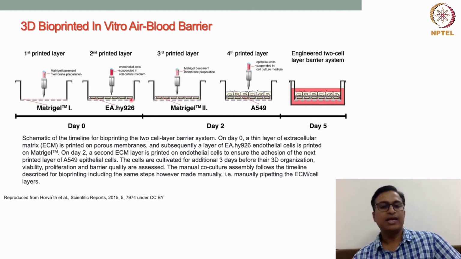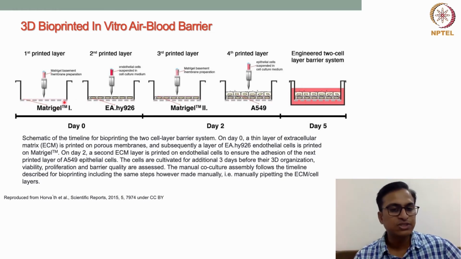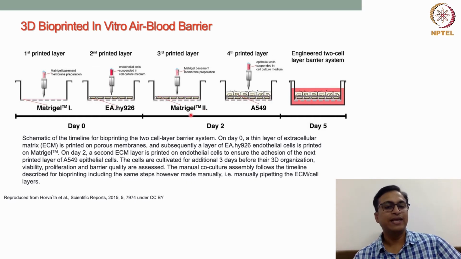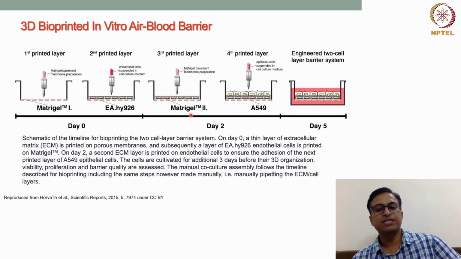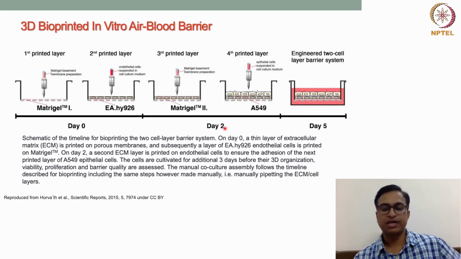Then they waited 2 days for the endothelial cells to grow and form a monolayer, and then they printed another layer of material, and on top of that the epithelial cells were seeded, and then they cultured that. So two different strategies, one manual and one bioprinted, were used here.